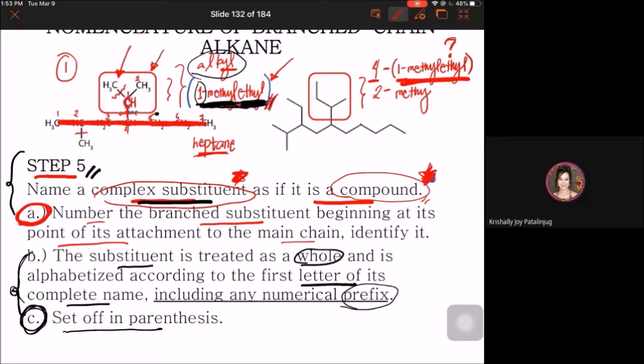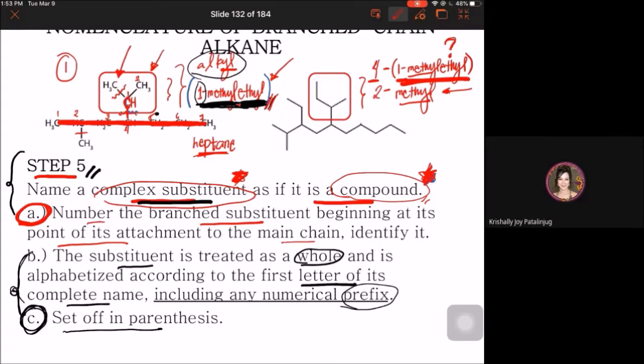You can now name this molecule. Which comes first, methyl-ethyl or methyl? Tell me, alphabetized: methyl-ethyl or just methyl? Just methyl. Okay, very good. Of course, just methyl, since it has nothing attached after it. Methyl comes first. There is no following letter or word, so it comes first in alphabetical order.